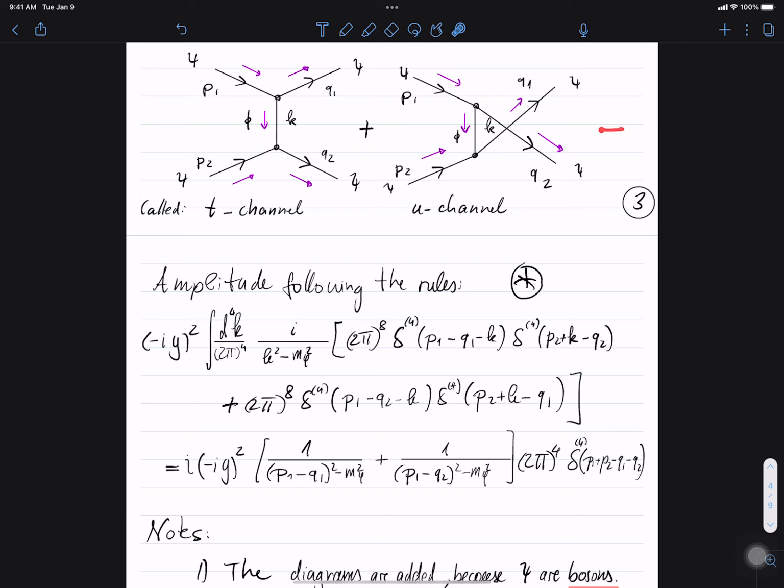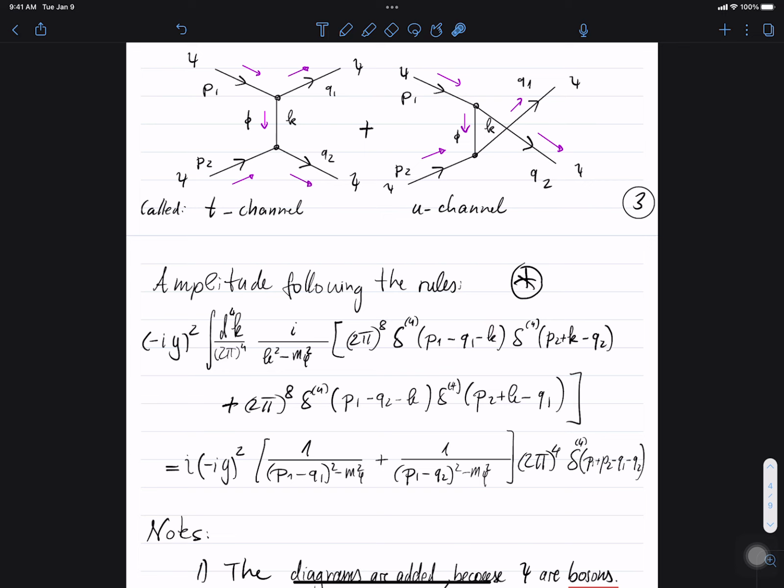First of all, we have two vertices giving negative i y squared, and then we have the integral over the k momentum with the propagator, i divided by k squared minus m squared, and each vertex also adds a delta function with the 2 pi to the 4 factor, so we get a total 2 pi to the 8, where we have one delta function conserving momentum as p1 is coming in and q1 and k are going out.